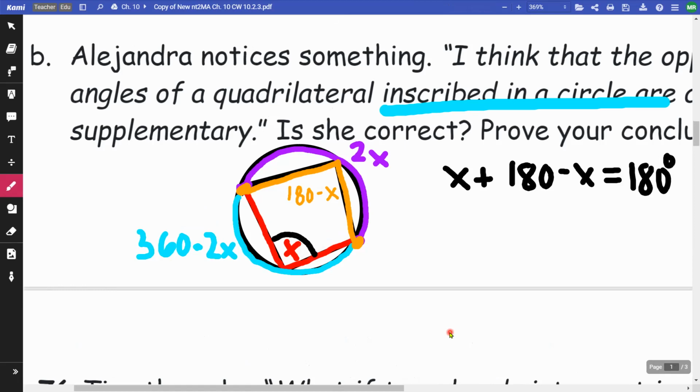So it does not matter what that value is. Every single situation is going to end up with the opposite angles in a quadrilateral that's inscribed in a circle adding up to 180 degrees.